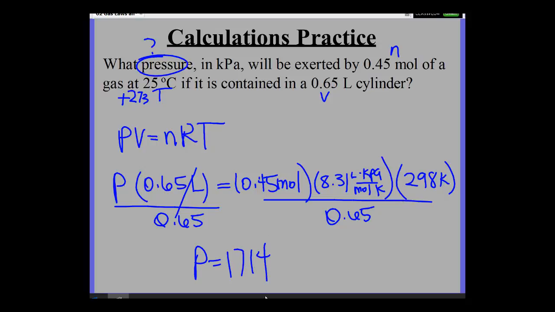We'll save some time. I won't make the calculation. So my units for pressure are kPa, right? Has to match my question.